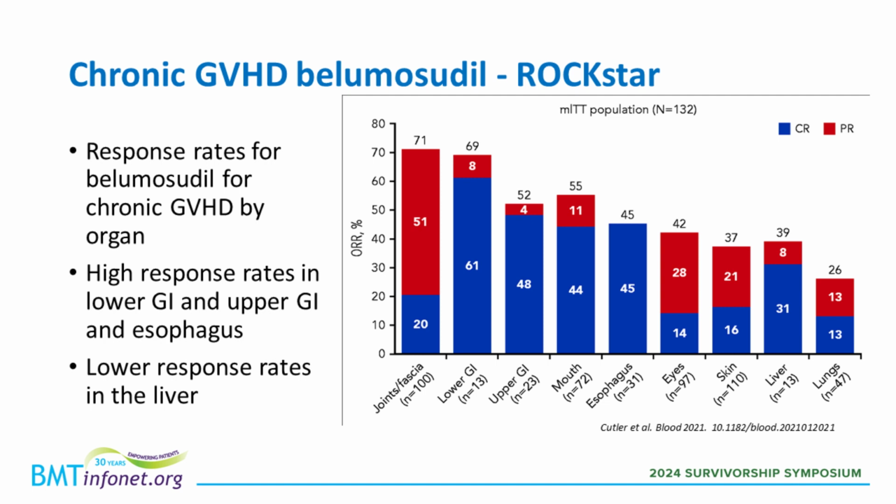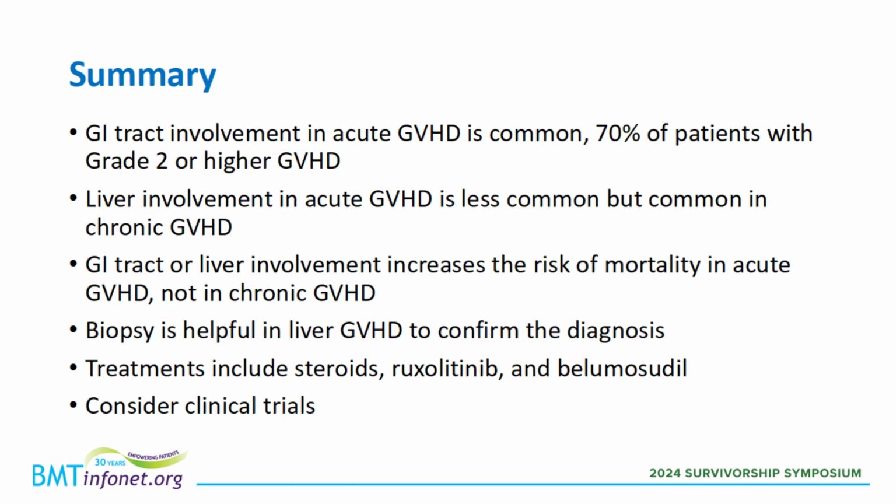But still notable response rates in general, compared to what is not FDA approved and available, which after steroids and after ruxolitinib, we have no other options as of yet. Okay, next slide.